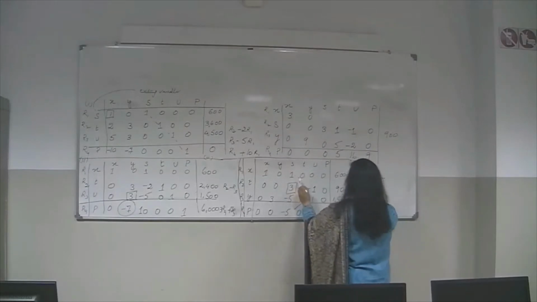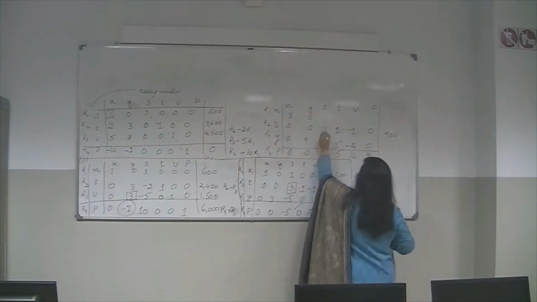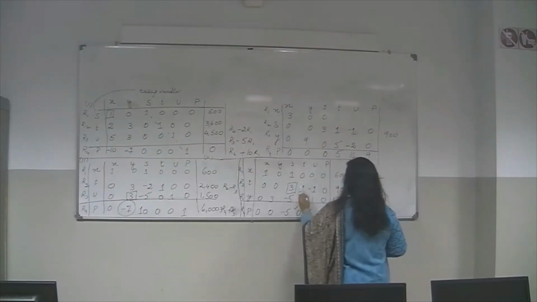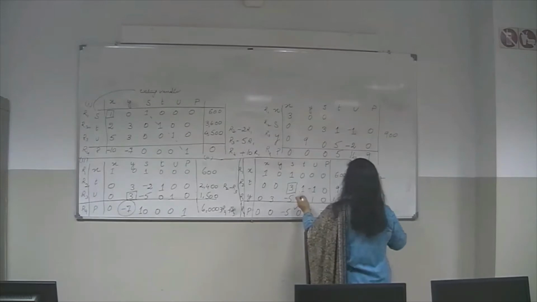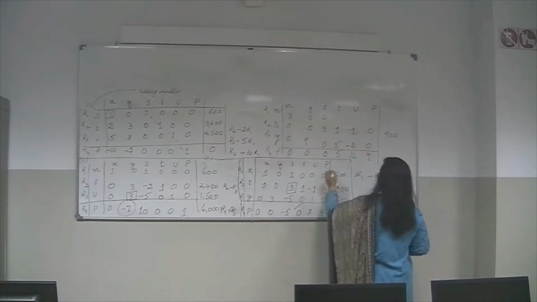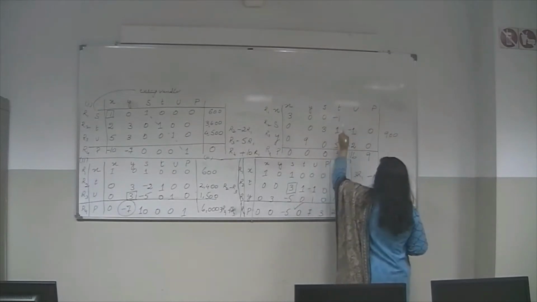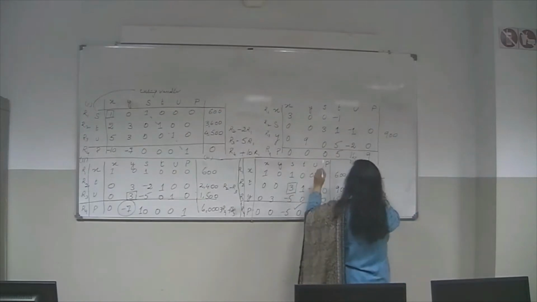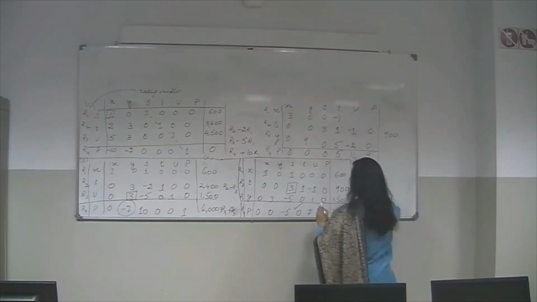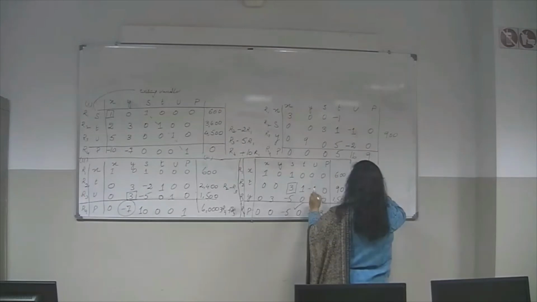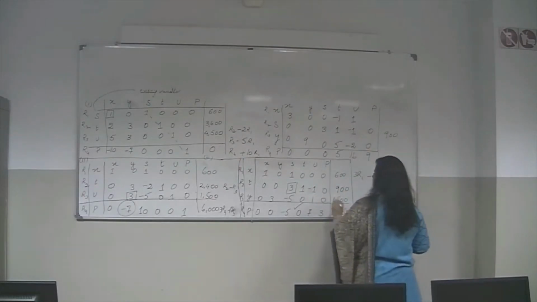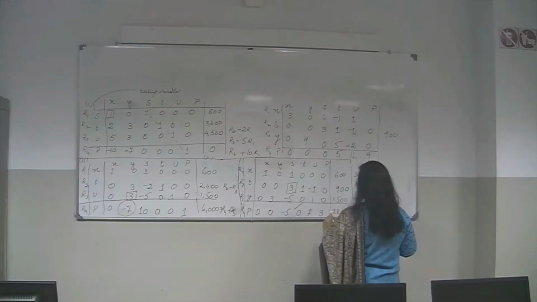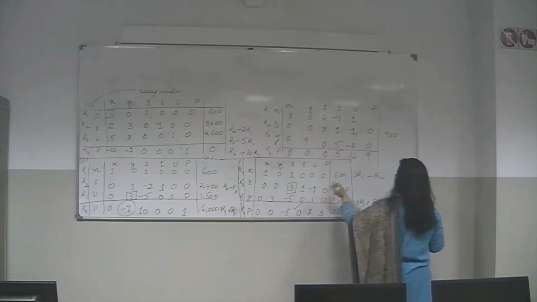And this will be again 3 minus, this is going to be 0. This will be 0 minus R2, which is minus 1 in this case. This is minus 1. And so now you have 0 minus, this is plus 1. So now we have it, plus 1. And this will be 0, and it's going to be 0.